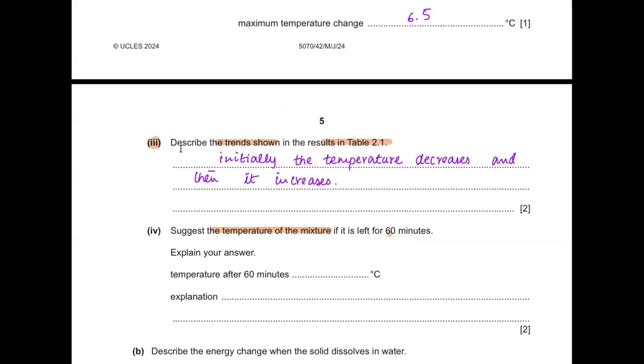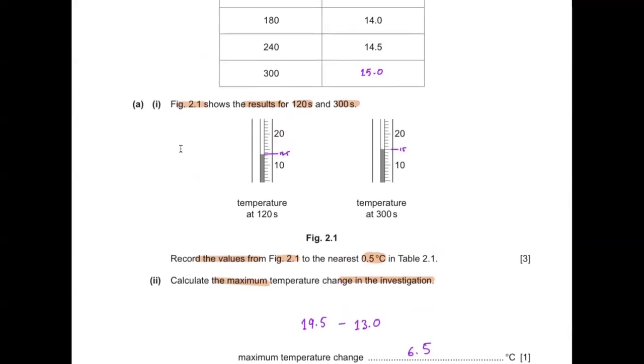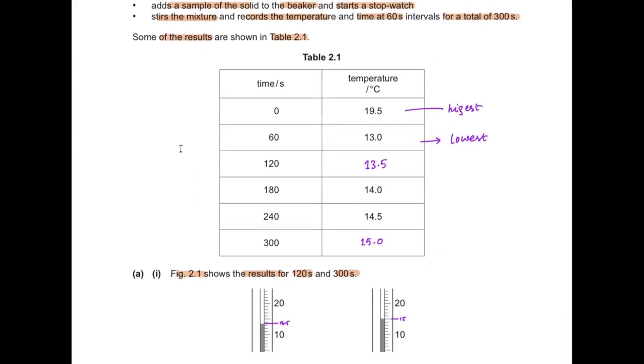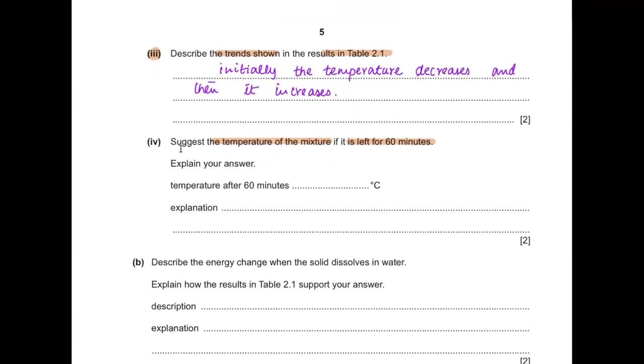Suggest the temperature of the mixture if it is left for 60 minutes. So 60 minutes. And over here we have just done for 300 seconds. So again, see, if we leave it for so much time, the temperature again reaches the room temperature, which is over here 19.5 degrees Celsius. So they are asking to explain your answer as well.